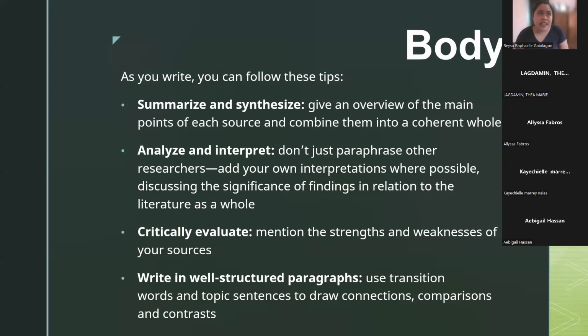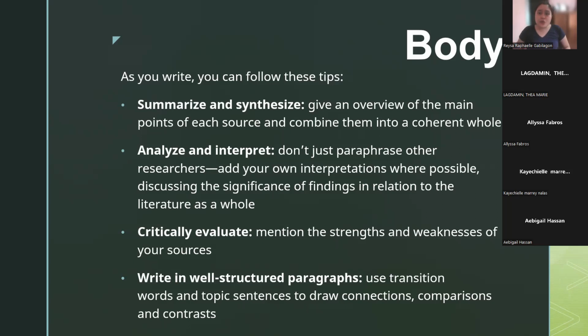Or you may critically evaluate references wherein in your own RRL, isusulat mo yung information na nakuha mo sa source na ito. And magbibigay ka ngayon ng evaluation mo, ano yung weakness ng source na ito and ano yung kanyang strength. Okay? So, yung body of our RRL is dapat written in well-structured paragraphs.